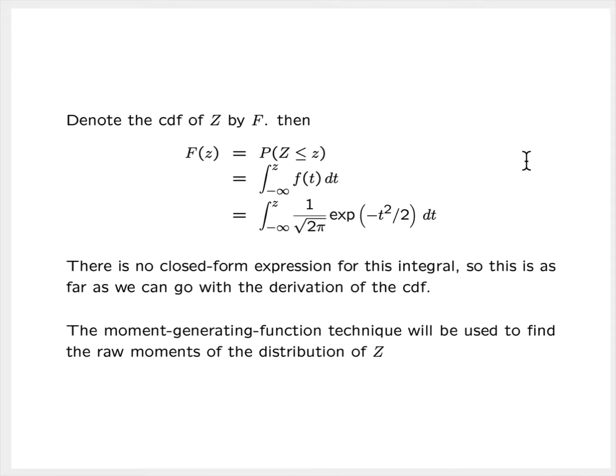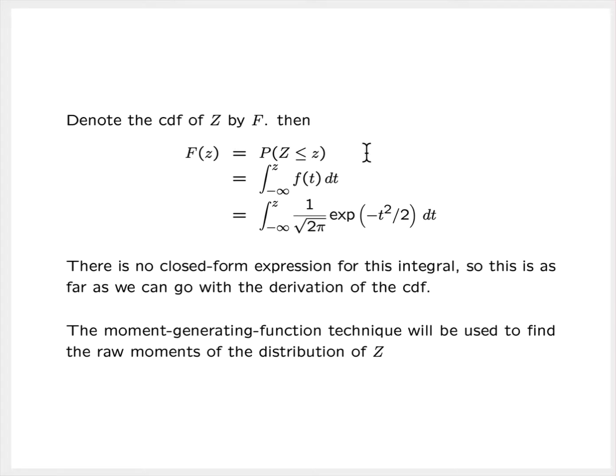And so let's first consider the CDF of this special case. Let's denote the CDF by capital F. And so for a given real number z, the CDF evaluated at that value of z is by definition the probability that the random variable capital Z is less than or equal to the argument little z.